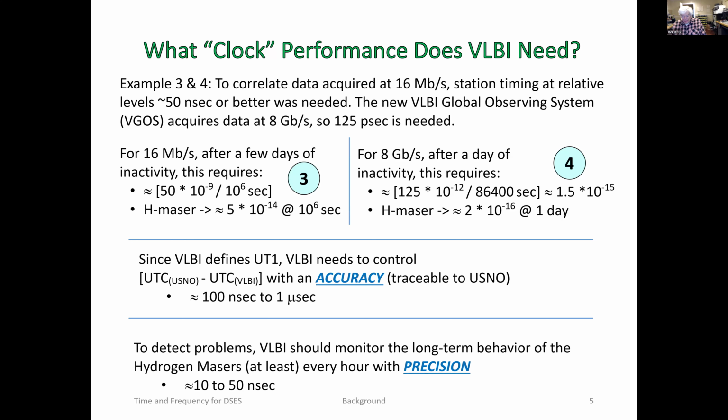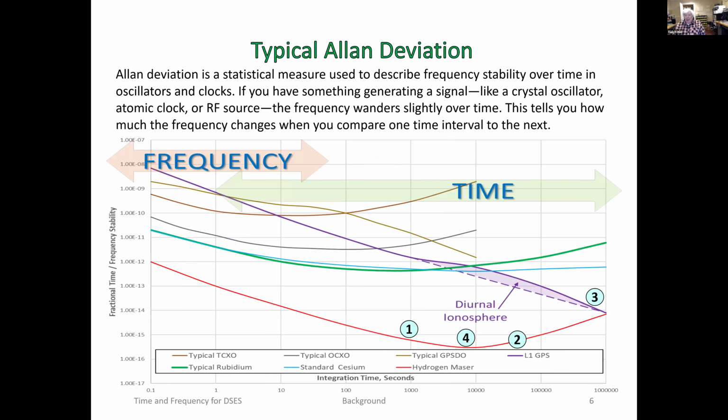And the long-term behavior of their oscillator has to be measured with precisions on the order of 10 nanoseconds. Well, all of this is achieved for them by looking at oscillators.